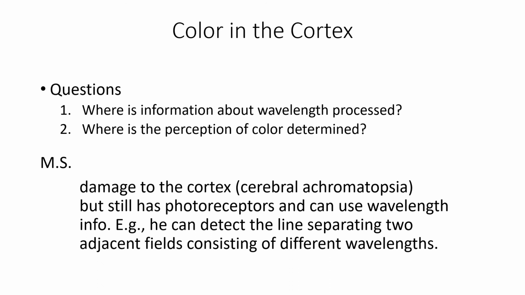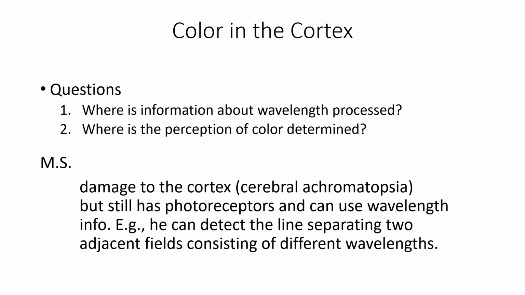So some questions we might ask ourselves at this point to differentiate some of this: where is information about wavelength processed? I'm going to talk about MS here, who has damage to the cortex and has cerebral achromatopsia, but the photoreceptors are still intact, and MS can still use wavelength information. He appears to be able to detect the line separating two adjacent fields of different wavelengths.